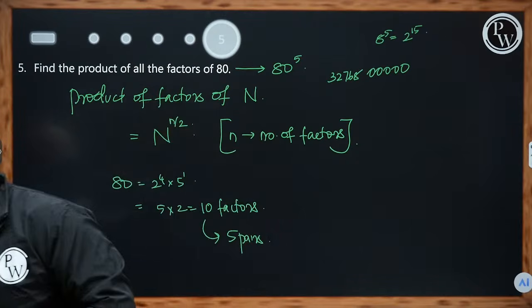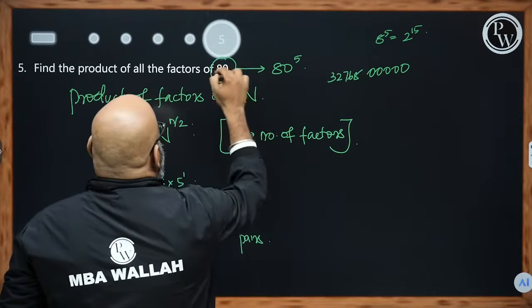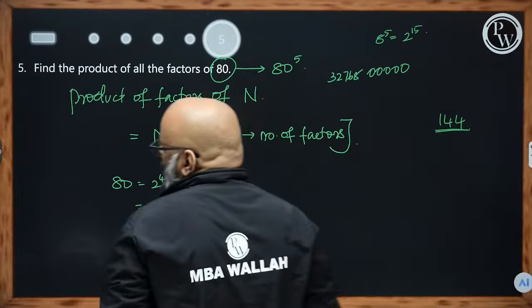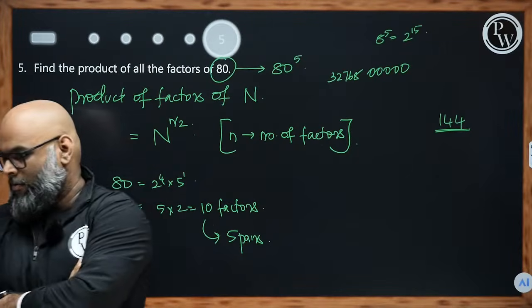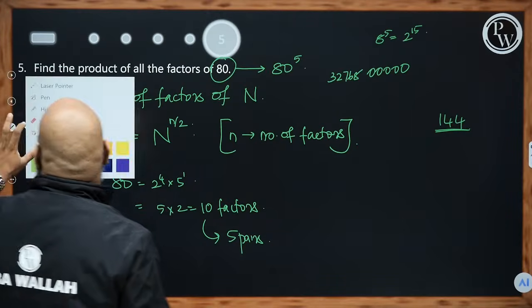Before we leave, same question. I'm going to add one layer. Instead of 80, I want you to do 144. But 144 will stop. No, not 144, you might have to give me the value. Okay, fine.